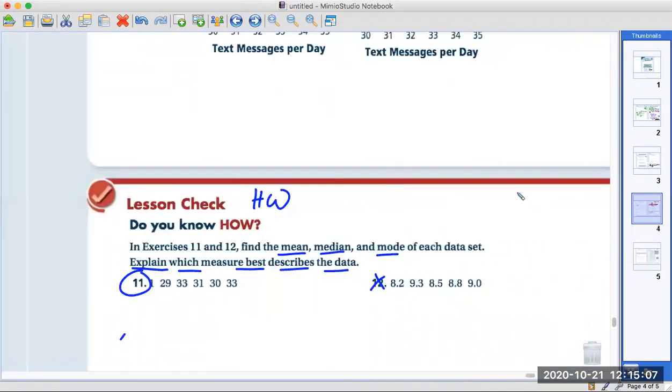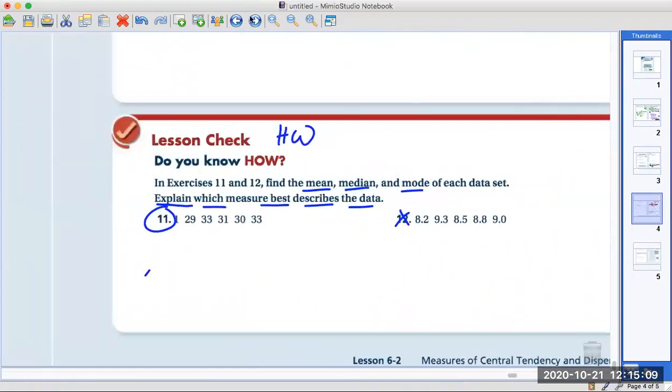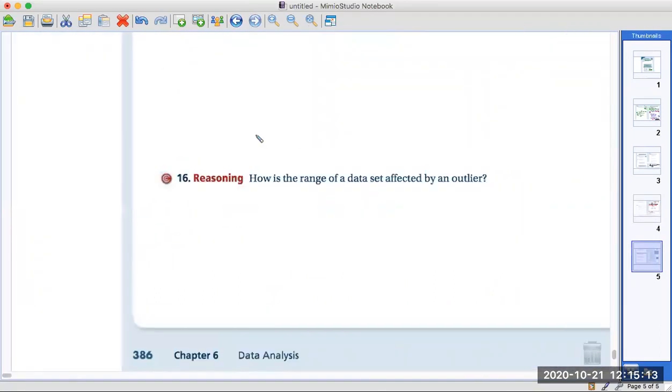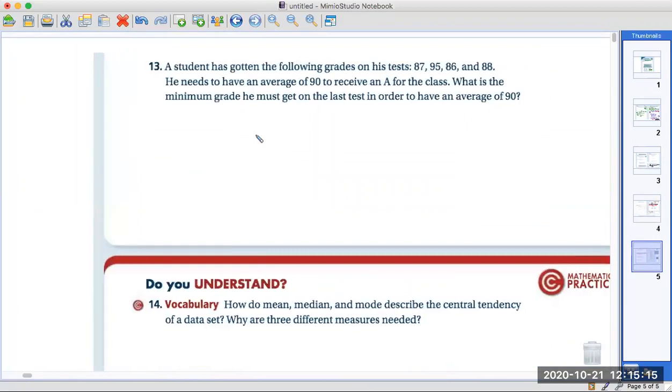Okay, whoa, my head spins from all these things moving around. Okay, we got number 11, that's it. And then on the next page, you're going to do number 13. This is the one where you have to set up an equation and solve with X. So the last, yeah, these are his test grades.